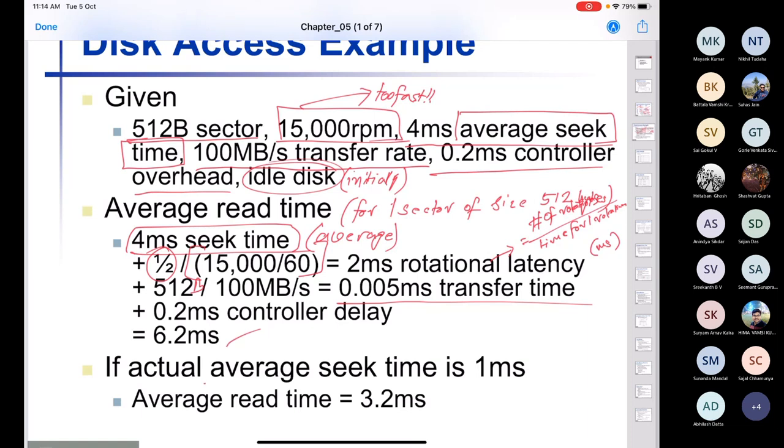Now, as I said, the average seek time that is mentioned is usually pessimistic, so I should rather say that practical seek times are usually much smaller than the average seek time.